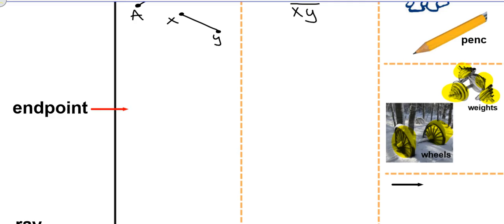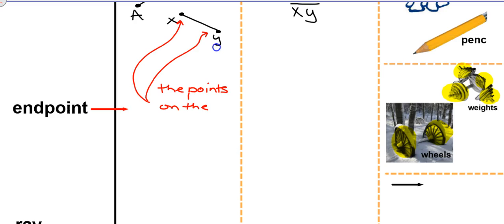The endpoints are really the points on the end of a segment. So in this case, we have X and Y as our endpoints. It's just the place where your segment stops.